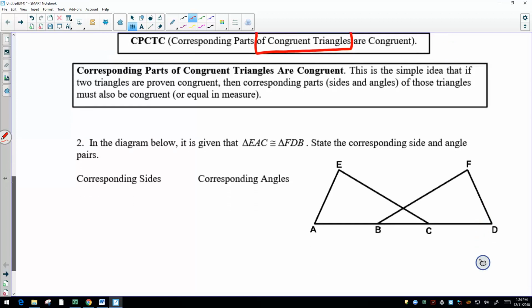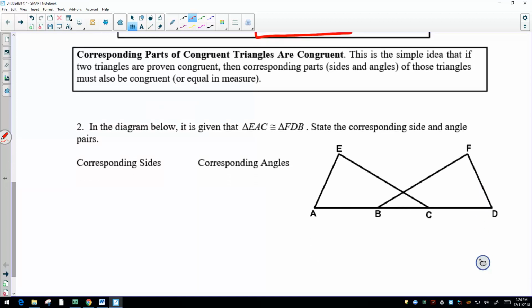So using that idea, we need to know about corresponding parts. It's the parts, we keep saying, that match up. So we're going to look at this image to the right, and we know right now triangle EAC is congruent to FDB. Because they are congruent, we have parts that are corresponding and parts that will match up.